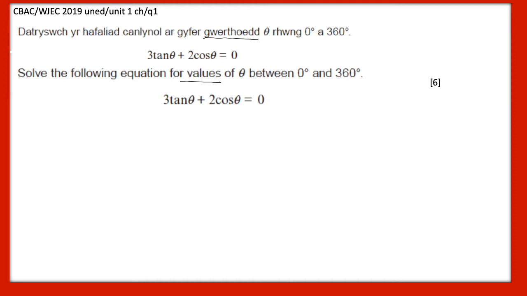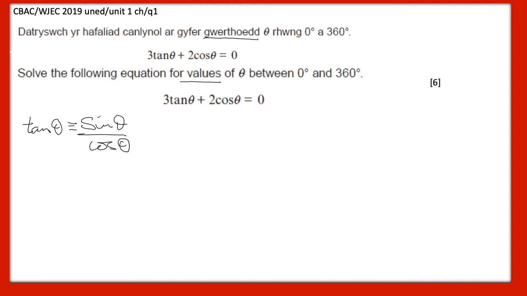hopefully we all realize that the tan of an angle, because it's the opposite over adjacent, is identical to the sine of the angle over the cos of the angle.